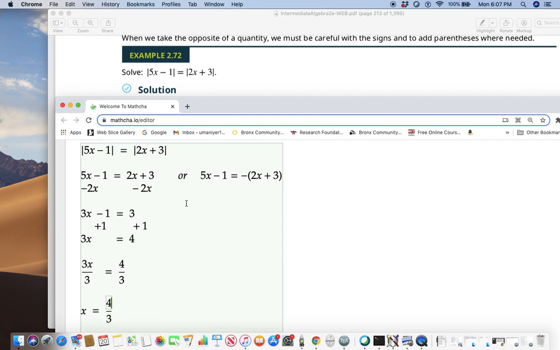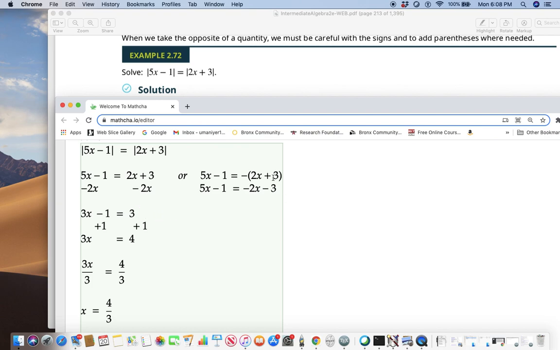Now let's focus on the second equation. On the second equation, notice I have a negative outside. So this tells me 5x minus 1 equals negative 2x minus 3. That negative and positive makes it minus 3.